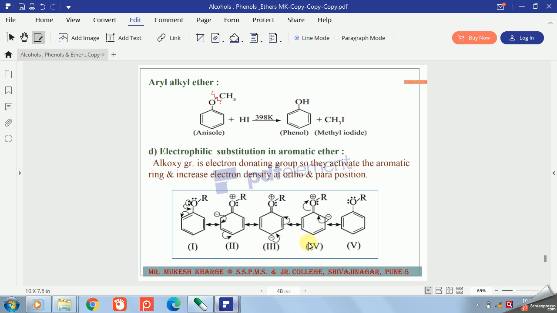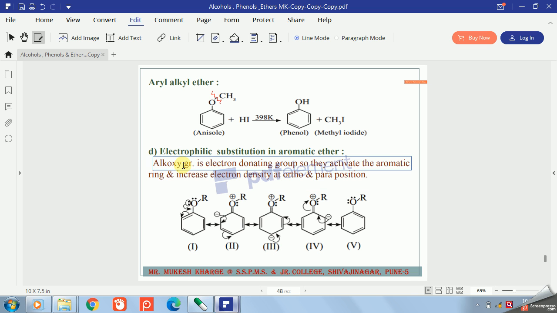Again, in the fourth structure the next ortho position is negatively charged, and again that electron goes towards the more electronegative oxygen in the fifth resonating structure. So if you observe structures number 2 and 4, the ortho positions are electron rich, negatively charged, and in the third structure the para position is electron rich, with electron density deposited over that para position.